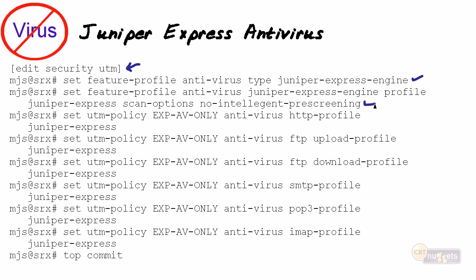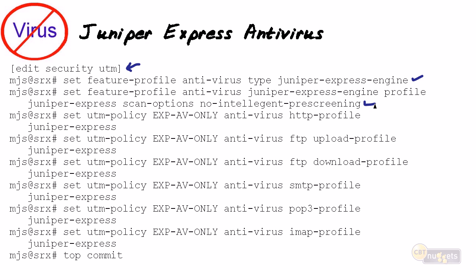Let's talk about no intelligent pre-screening. If you're using Kaspersky or Sophos, you probably would be doing intelligent pre-screening. We're turning this off as our scan option because this is a computationally expensive process. Intelligent pre-screening will basically look at the first few packets of the file to see if there's any malicious code.